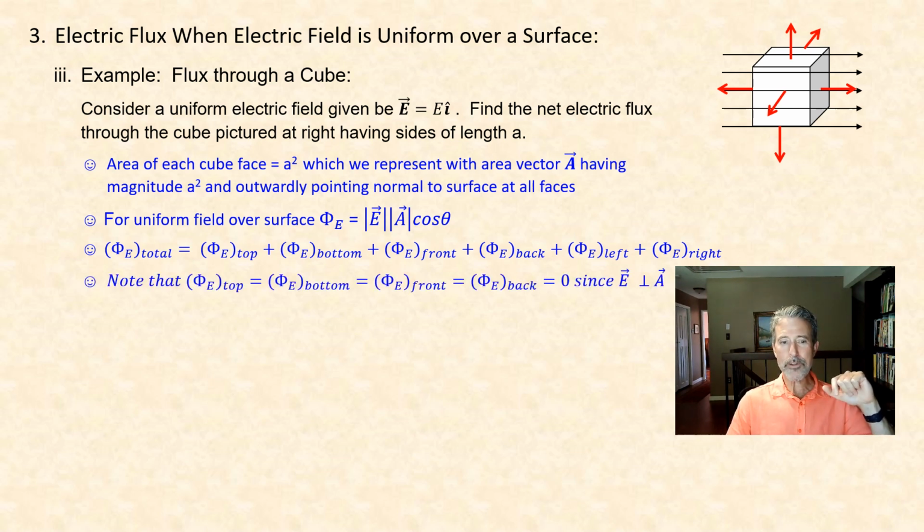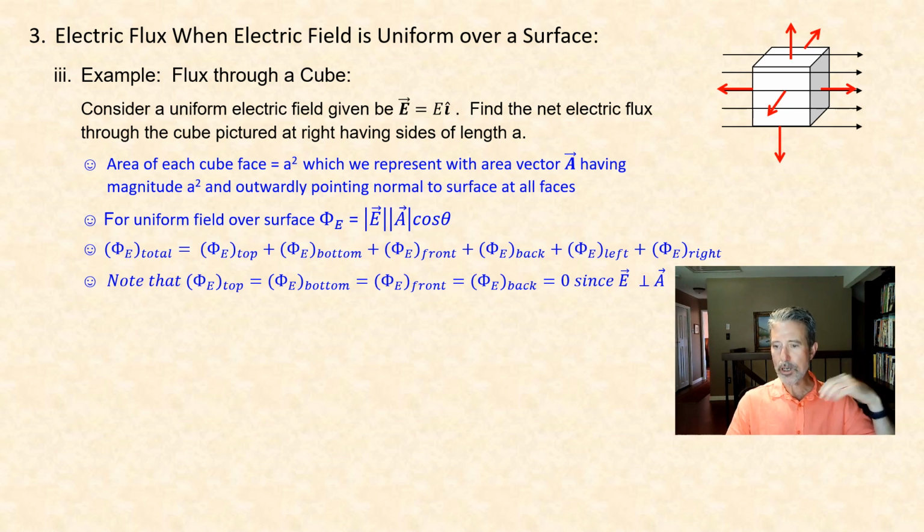Note here that the flux through the top, bottom, front, and back is 0. Why? Because when you look at the diagram here, for each of those surfaces, the electric field is perpendicular to the area vector A. And thinking about this qualitatively, what does flux measure?